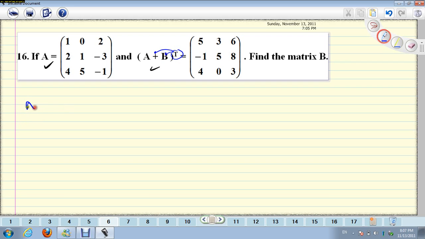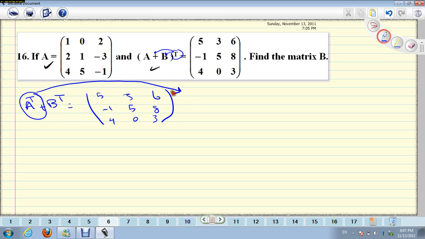So A transpose plus B transpose equals this matrix 5, 3, 6, -1, 5, 8, and here 4, 0, and 3. Okay, I have matrix A, so I can get A transpose, but in one step I'm going to move A transpose to the other side.